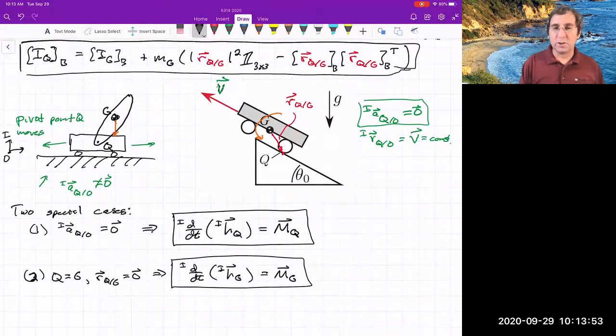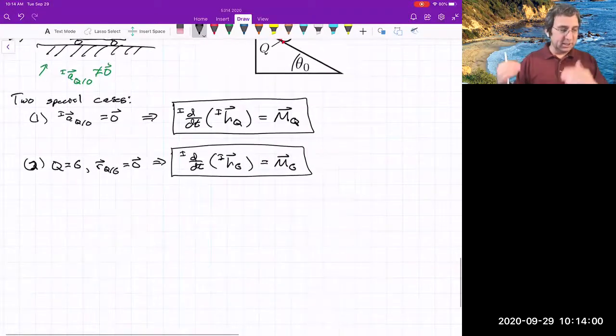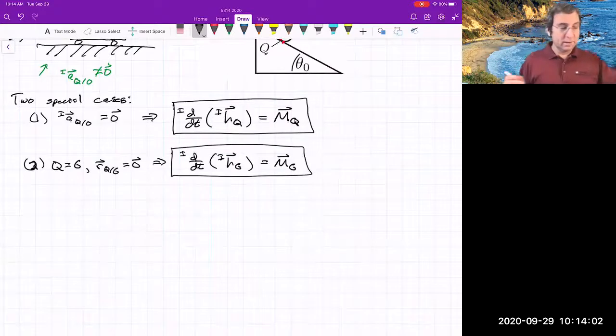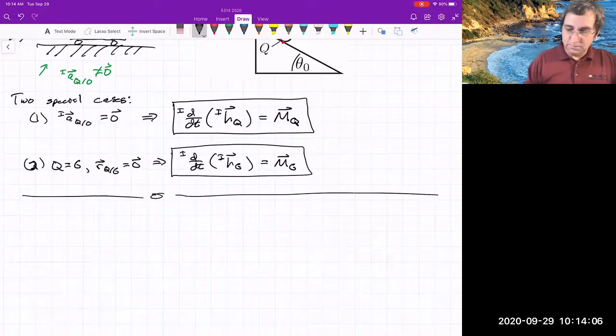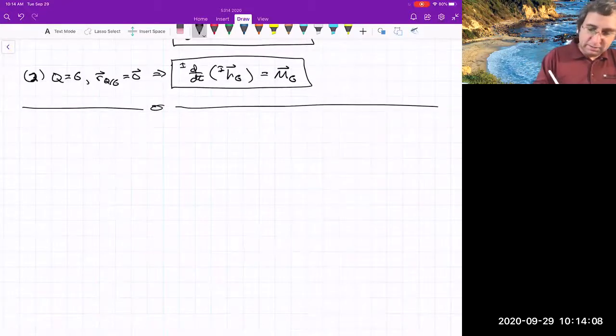This car situation falls in that category. The cart pendulum would fall into that category. We need to take that step before we go to full 3D rigid body motion. So we will look at the special case of planar rigid body motion.